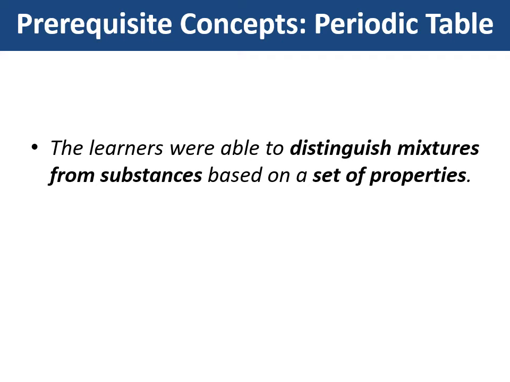And, eto pa. Dito sa ating lesson ngayon, the learners or students should be able to distinguish mixture from substance based on a set of properties. Meron dong sinabing distinguish.